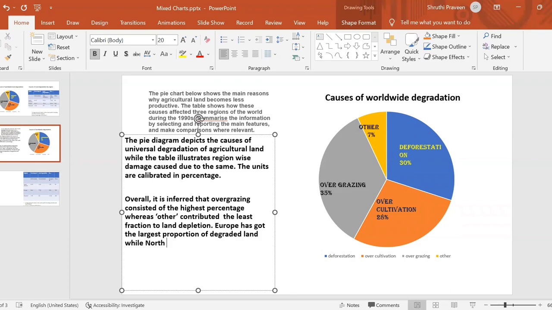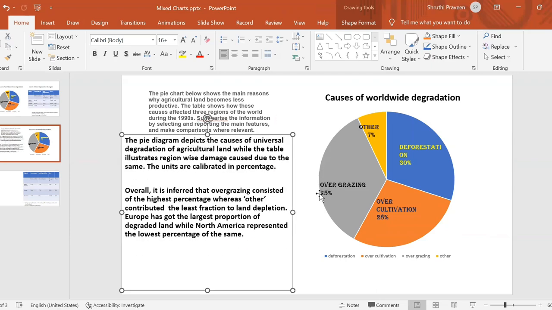While North America represented the lowest percentage of the same. Okay, that means of the degraded land. So my second paragraph is also done. My introduction and overview is done.